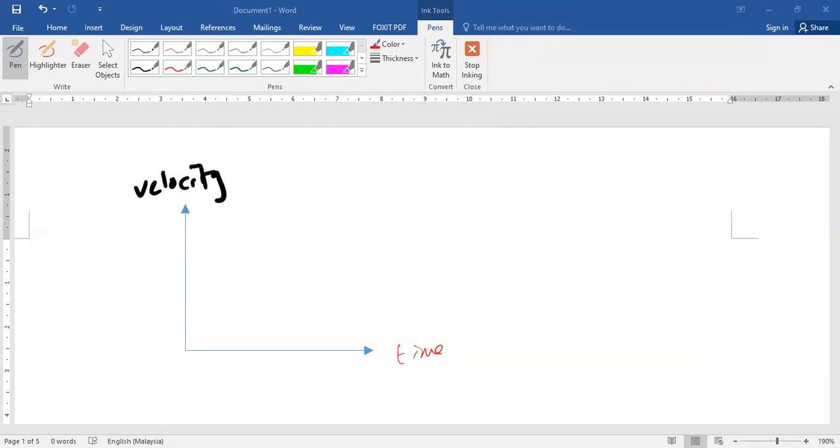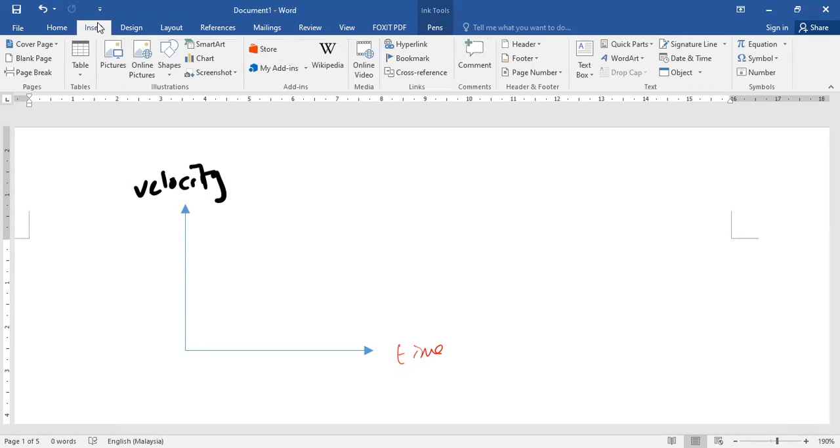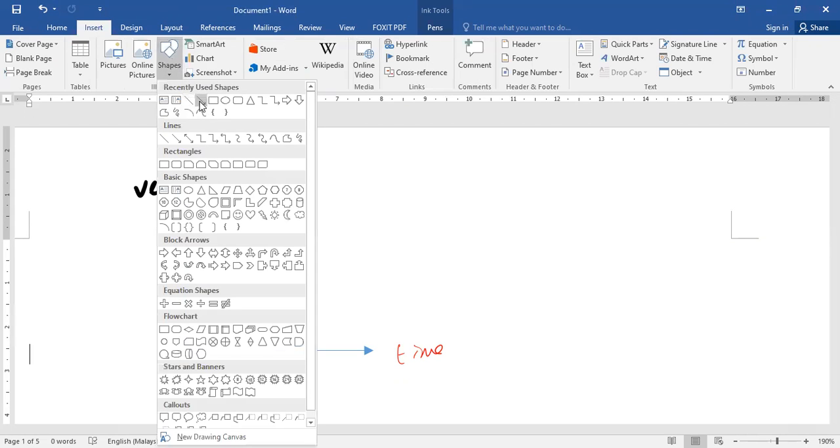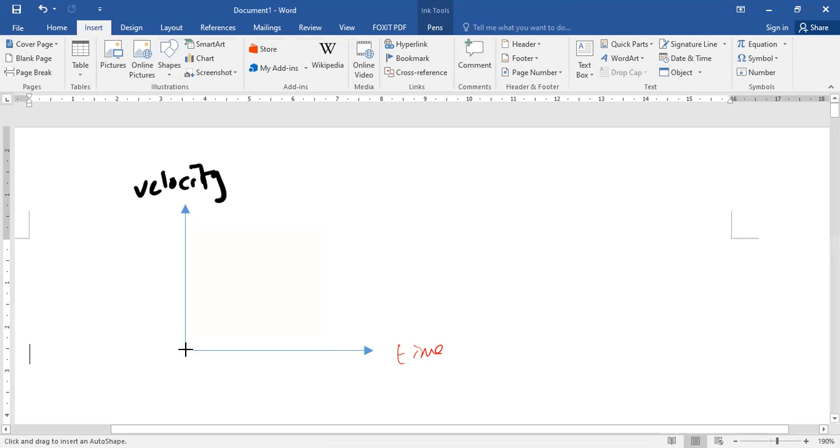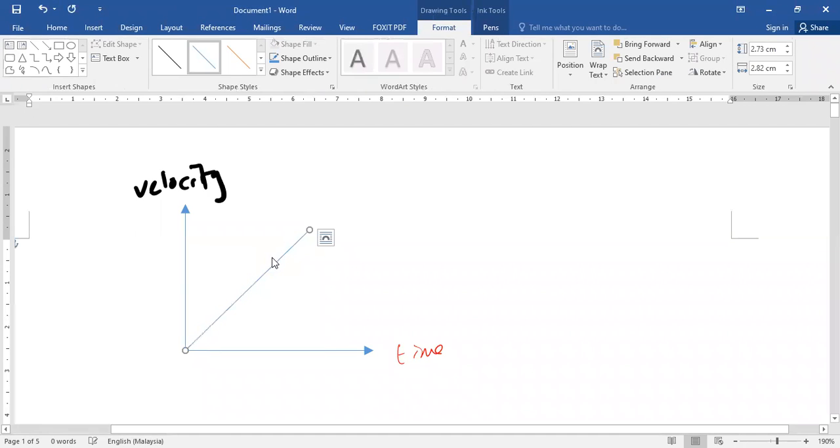The question is, sketch a velocity-time graph to show how the velocity of a falling object changes. When an object is falling, its velocity increases. When the object is falling down, the speed increases constantly.